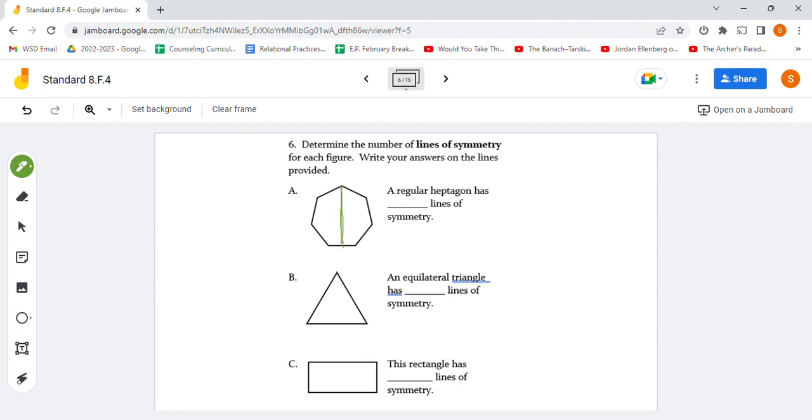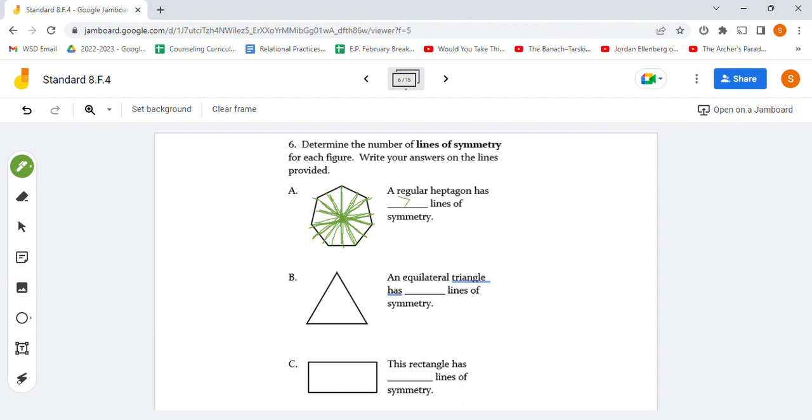But since it's a regular heptagon, we have one that crosses from a vertex all the way through the opposite side. Along each of these vertices, they're going to cross over each other in the middle. And we're going to do that for every single one of these. Since each vertex has one of its own, that gives us a total of 7 lines of symmetry.